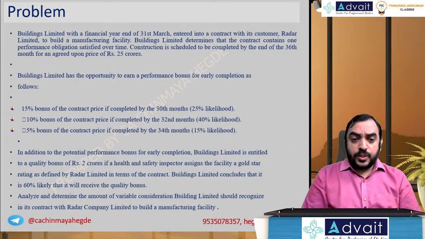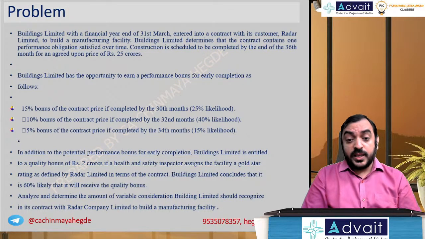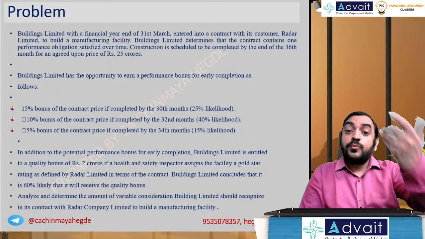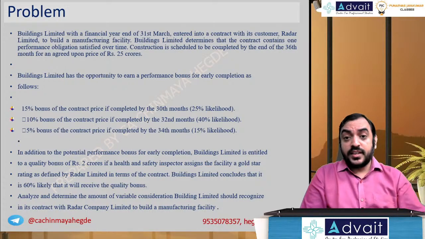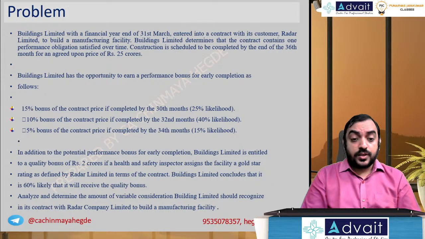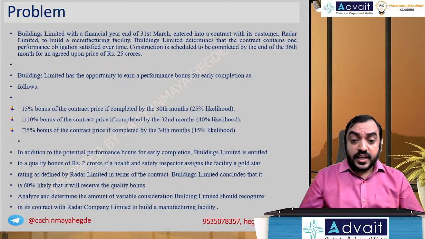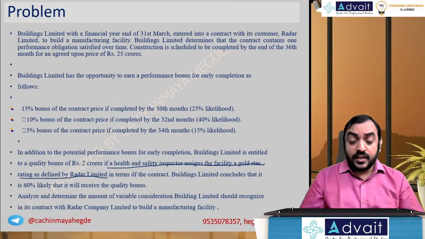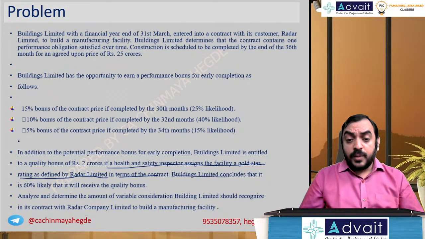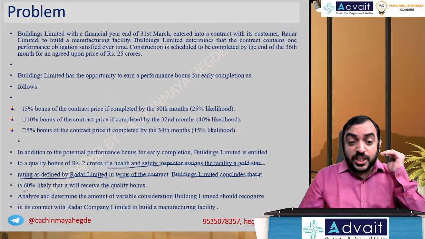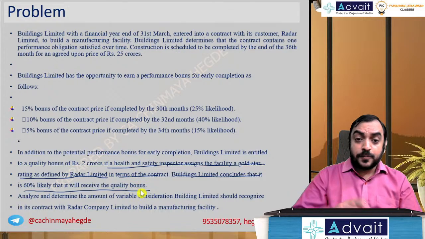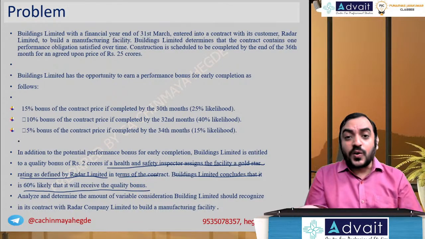In addition to the potential performance bonus for early completion, Buildings Limited is entitled to a quality bonus. One more variable consideration, of 2 crores, if the Health and Safety Inspector assigns the facility a golden star rating as defined by Radar Limited in terms of the contract. Buildings Limited concludes that it is 60% likely to receive the quality bonus, and the balance 40% it will not receive.